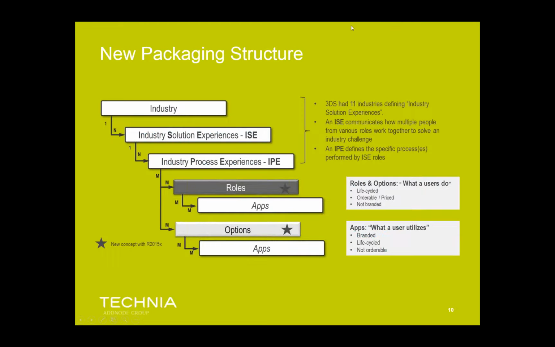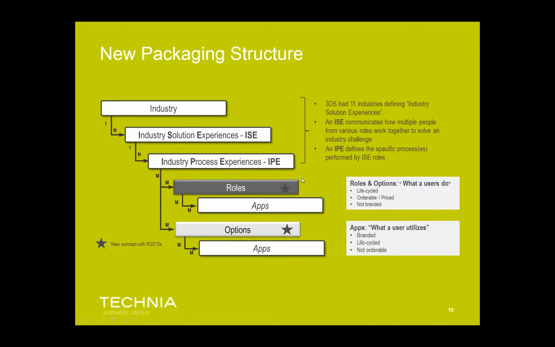Quick words on the packaging structure. Previously in 14X there was something called processes. Now there's something called roles instead. What a user does, really. This is what you purchase. So you buy a role.